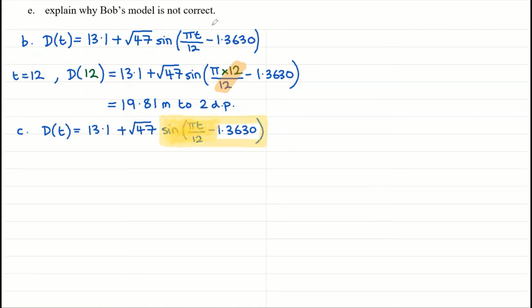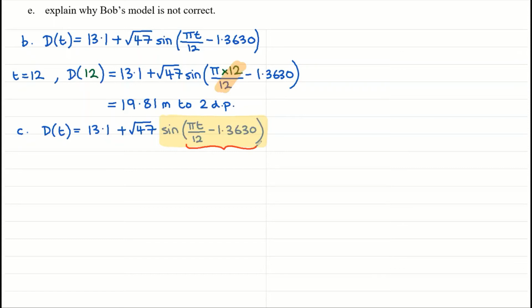Well, we know an awful lot about sine functions, don't we? The complex part of this is simply telling us that there is some kind of transformation going on in the domain. So that part just tells us that there is some stretching, there's some translation in the domain. It tells us nothing about the range at all.